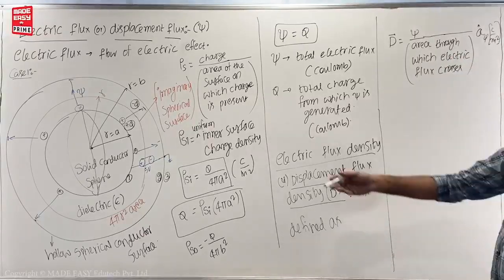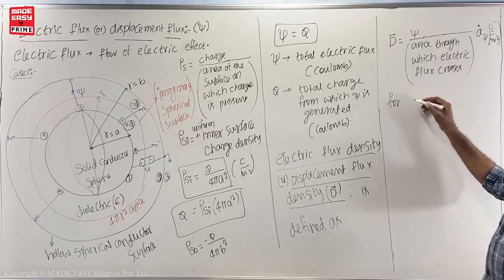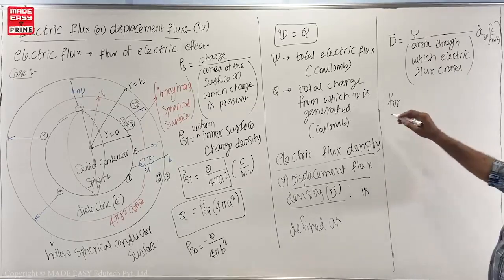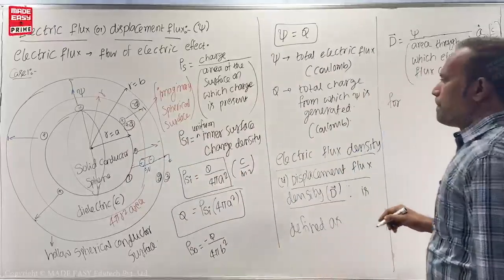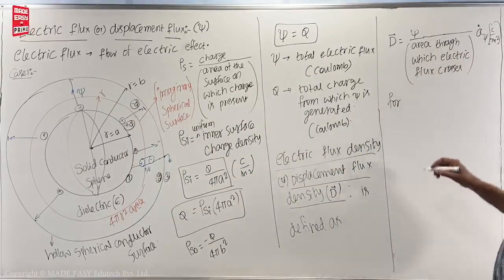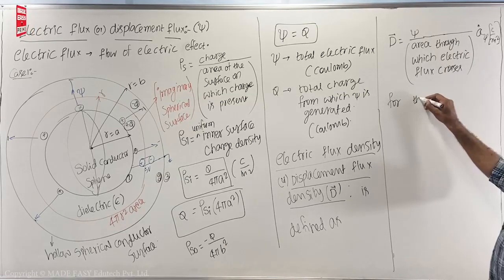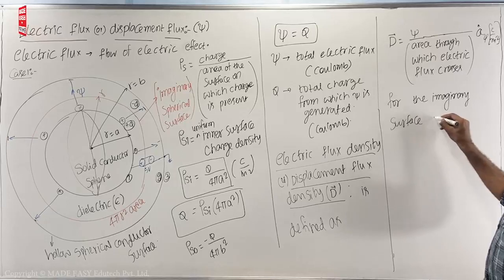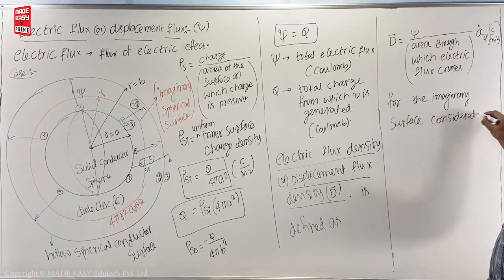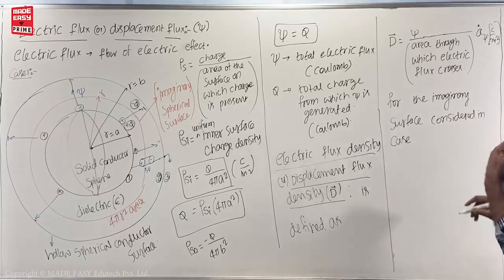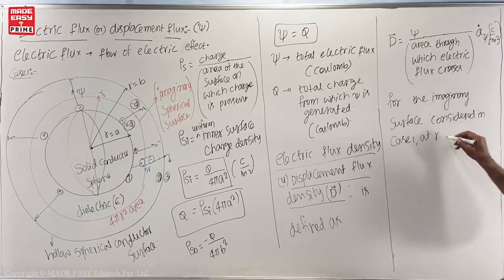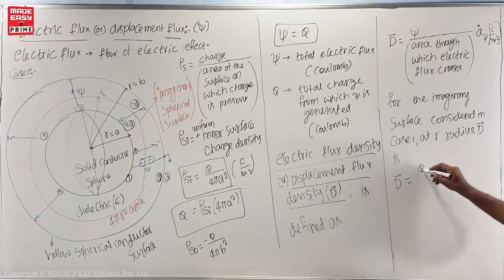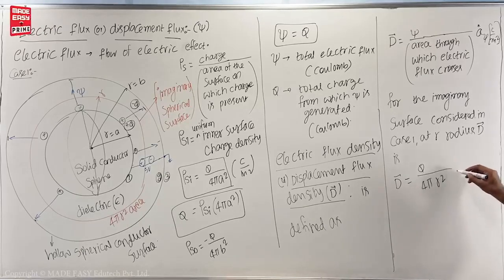For the imaginary surface considered in case 1 at r radius, D bar is equal to Q divided by 4 pi r square.